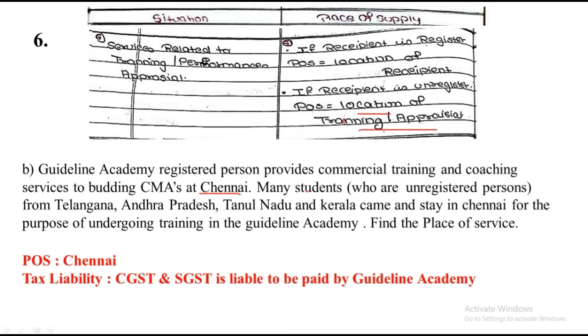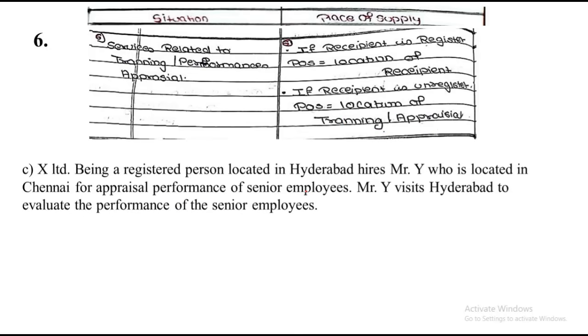I hope everyone has understood up to this point. We go to the next part. The third example: X Limited, being a registered person located in Hyderabad, hires Mr. Y, who is located in Chennai, for appraisal of performance of senior employees. Mr. Y visits Hyderabad to evaluate the performance of the senior employees.